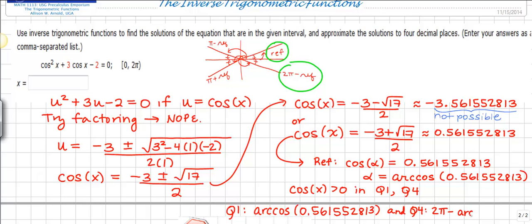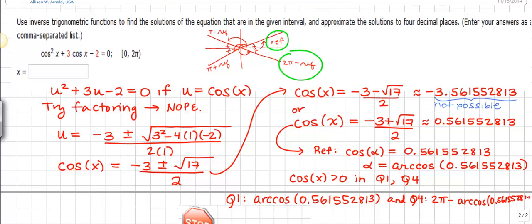Now, to calculate these with correct decimals, you're going to want to put your calculator in the proper trig mode. And because this interval is in radians, you're going to put your calculator in radian mode when you deal with the inverse. Okay. And you're going to get decimals for these two. All right, let's pause and see what those will be.